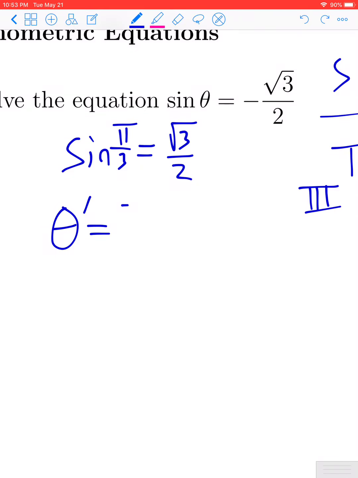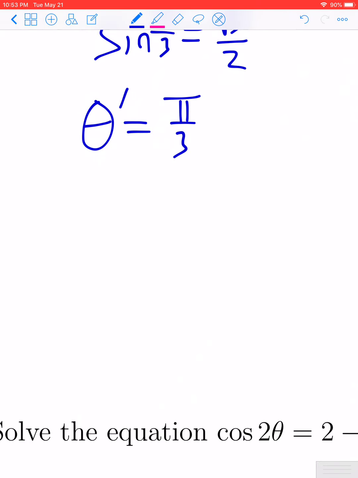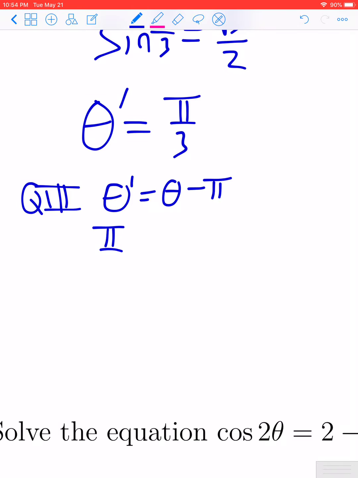We can work backwards then to find the solution in quadrant 3. If you recall, the way that a third quadrant reference angle is found is by taking theta and subtracting pi. Well, we know the reference angle would be pi over 3, and this gives us an equation where we can solve for the third quadrant angle theta.